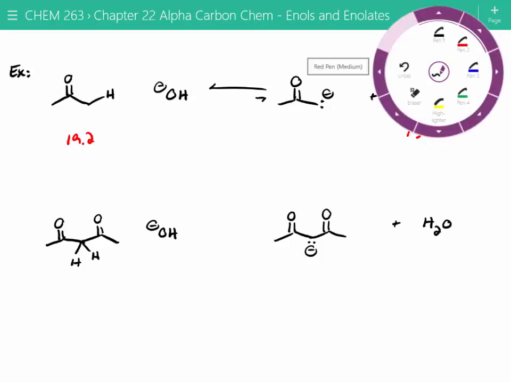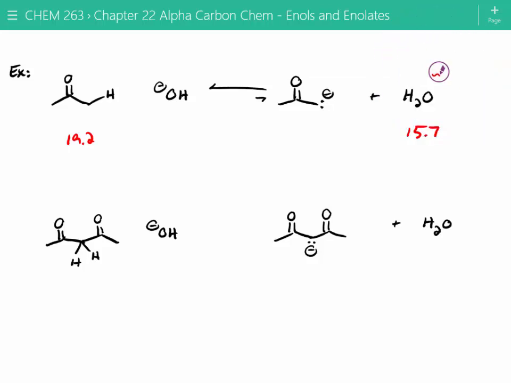So the conjugate acid of our base is still water, which has a pKa of 15.7. If you look up the pKa for your diketone, it has a pKa of 9. So which way is the equilibrium going to lie now? To the right. So in this case, hydroxide could be a pretty decent base for that deprotonation, but the one above it, it's not a great base.